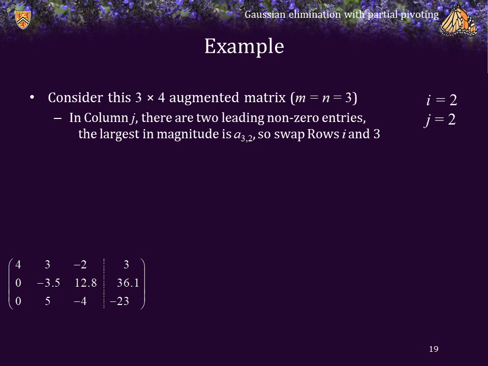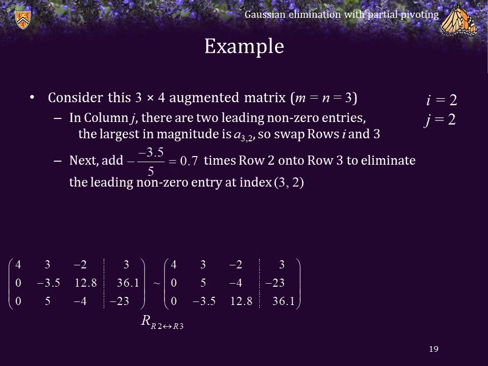The largest in magnitude of which is at index 3, 2, and so we will swap row i equals 2 and row 3. That places the largest entry at index 2, 2, and we will now add an appropriate multiple of row 2 onto all subsequent rows so as to eliminate any other leading non-zero entries in column 2.